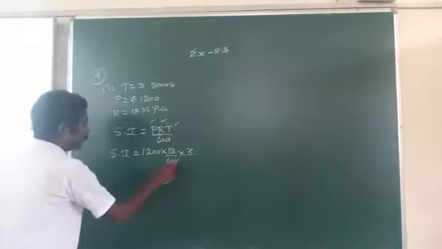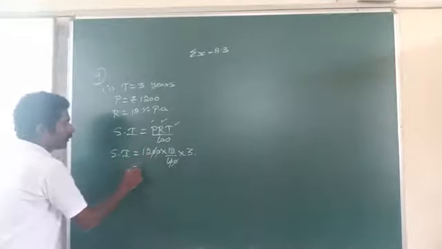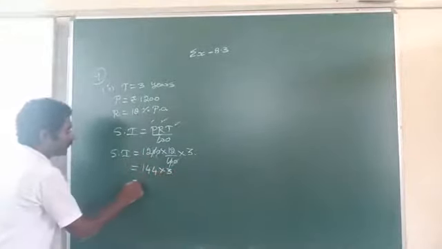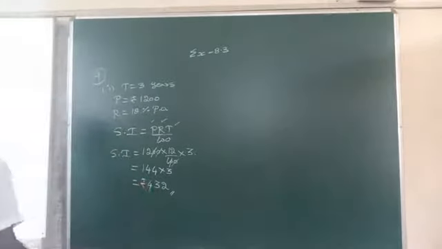Now simplify. 12 into 12 is 144. 144 into 3 gives 432. So you will get rupees 432 as the interest. Now the question is, what is the amount you will get?